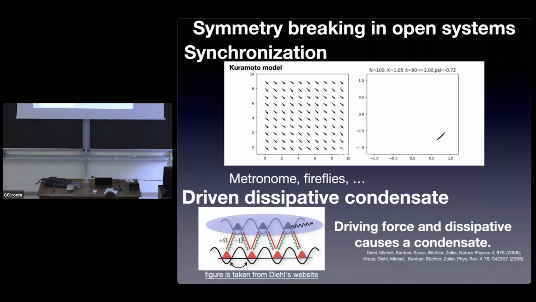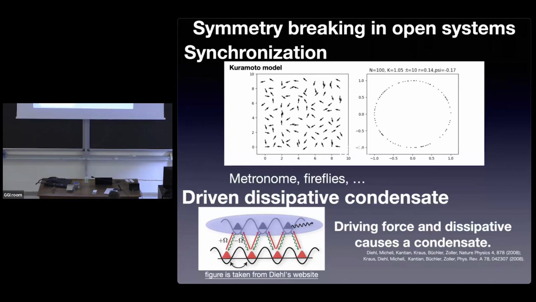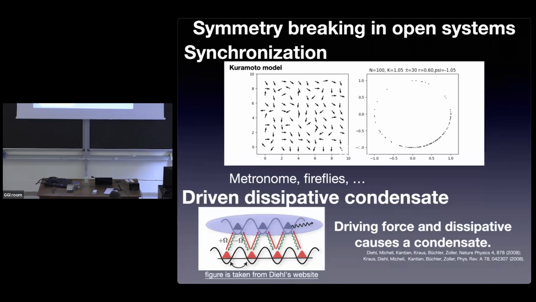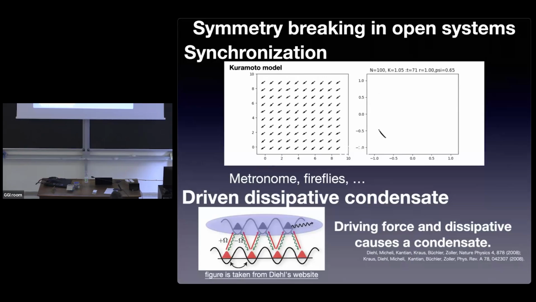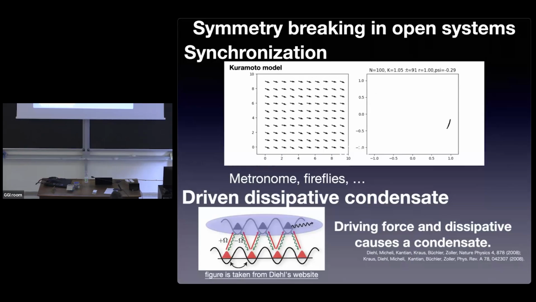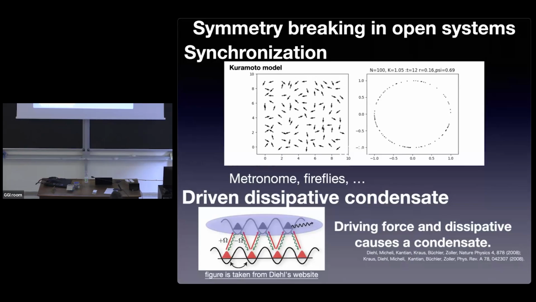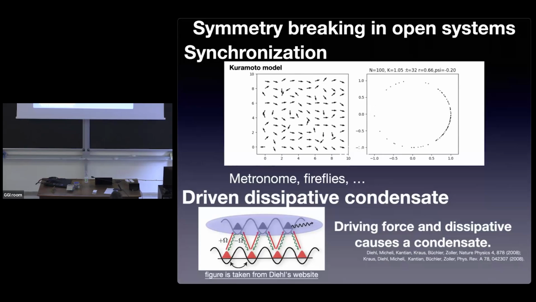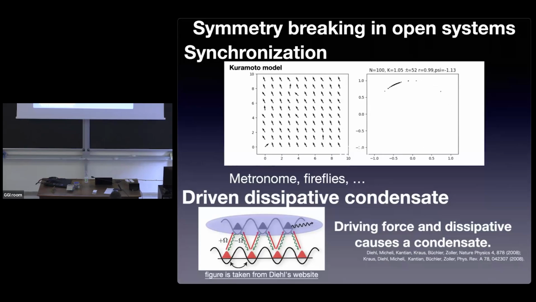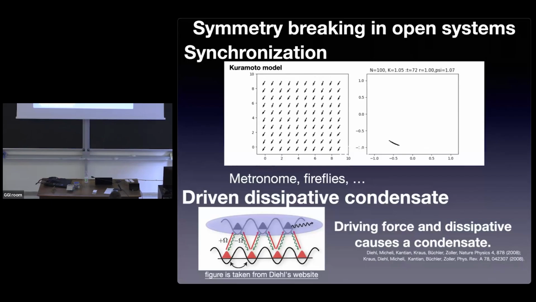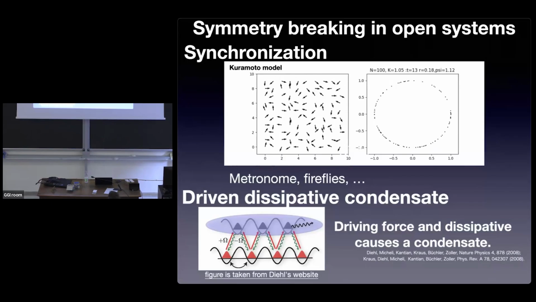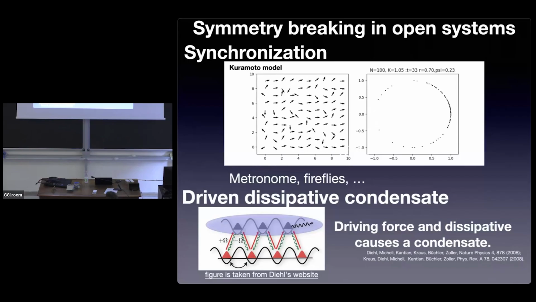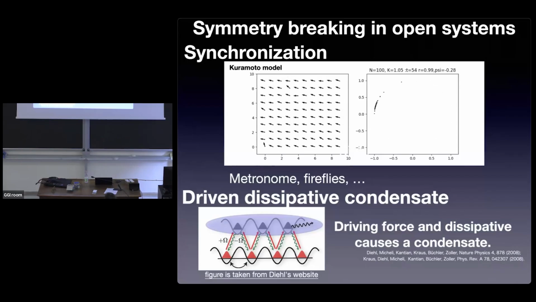But in such a case, sometimes it causes condensation. Such a condensation phenomenon is called the driven dissipative condensate. One of the famous examples of this kind of phenomenon is the laser. Laser is pumped by an external field, then we have some coherent wave. That is nothing but this kind of phenomenon.